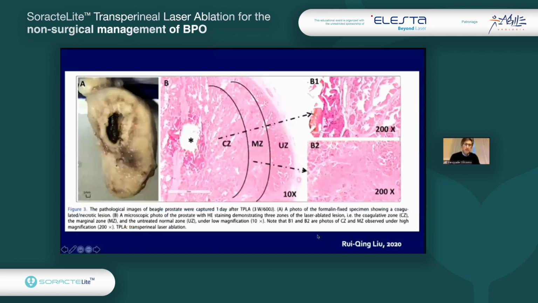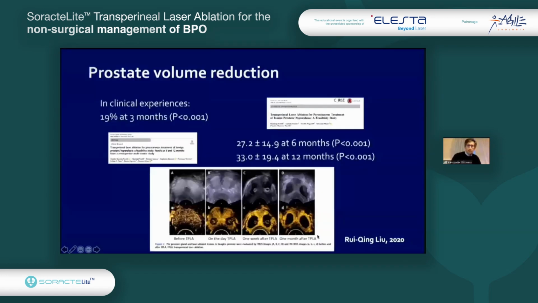This is very interesting, a photograph of the 3 zones where we can see the lesion. The internal zone is the coagulated zone, with necrotic tissue. Then there is a marginal zone with many inflammatory cell infiltrations, and then the peripheral zone untouched and untreated.